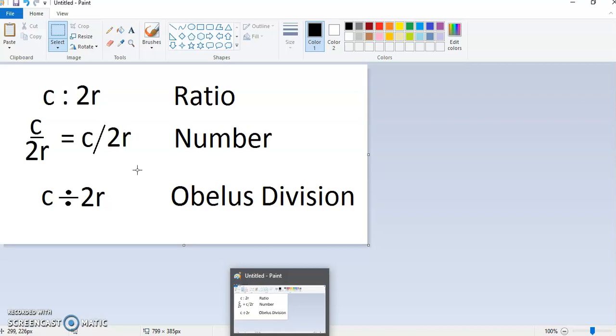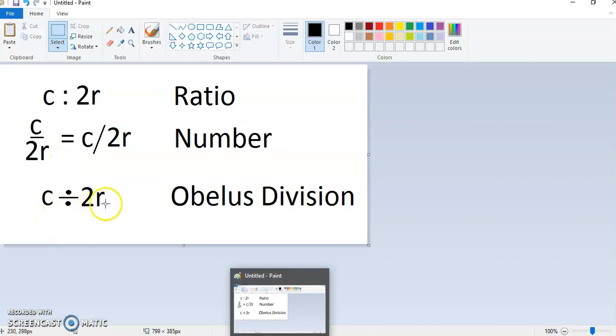So the size of the unit no longer matters. It's an abstract measure. So every number is given a name according to whether or not the initial ratio, as you see here, can be described by a measure, okay? So there's no common measure here. Therefore, we cannot call C over 2r a number.